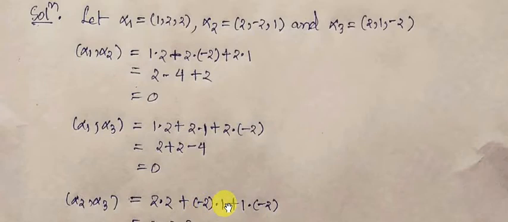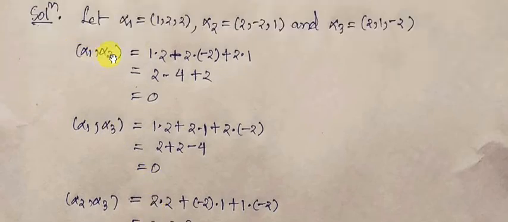The third component of alpha 2 is 1, and of alpha 3 is -2, so 1 into -2. After calculation we have alpha 2, alpha 3 equal to 0.